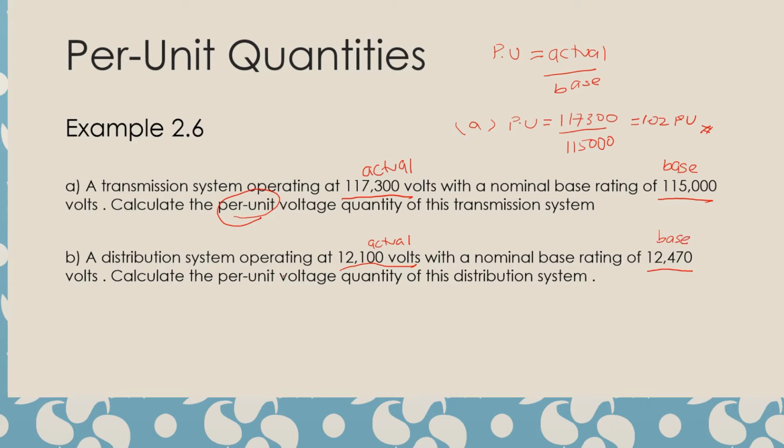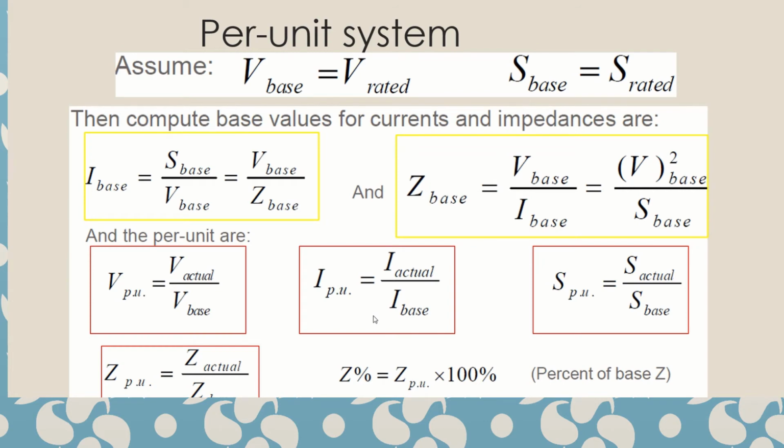Again, you are asked to calculate the per unit voltage of this distribution system. Per unit is the actual divided by the base, so that will be 12,100 divided by 12,470. That is equivalent to 0.97 per unit. Great, let's move on to the next slide.